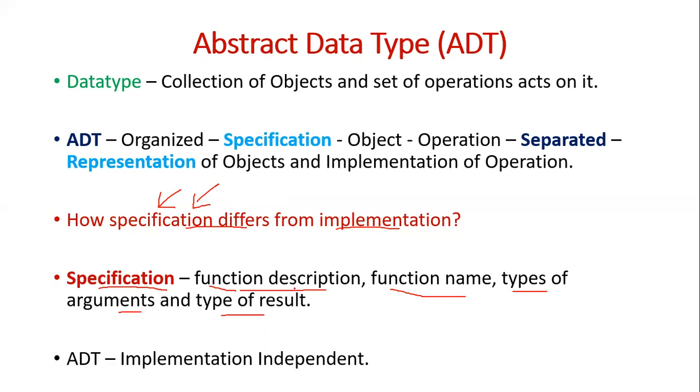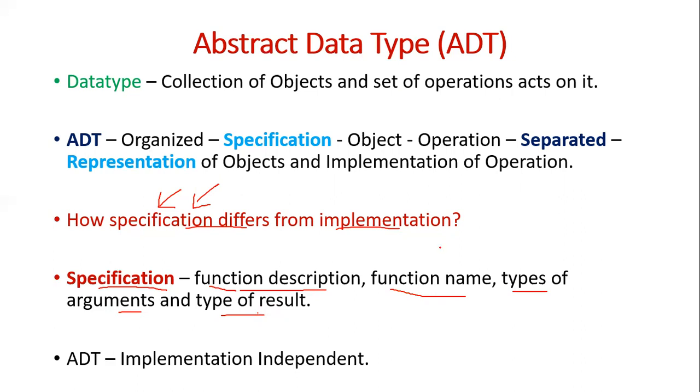It includes the function description, which describes that particular data type or object, and for each operation that can be performed, the name of the function, the number of arguments and the type of arguments it takes, and the result type. If you perform the operation, what type of result it will return, I mean the resultant data type.